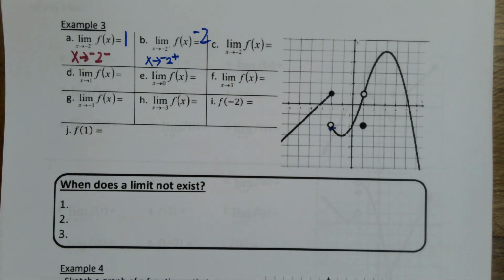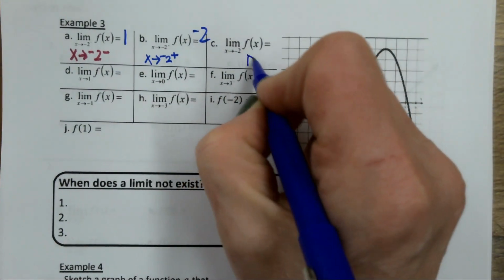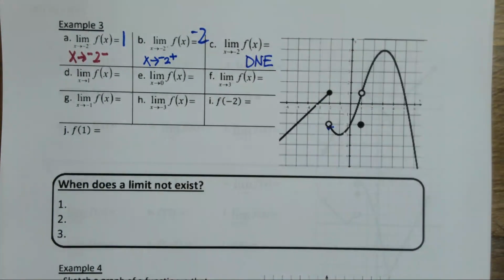Now, in order for a limit to exist, what has to happen is, on the left and on the right, they need to go to the same exact place. Is 1 the same as -2? No. And because they don't meet together, we say that the limit as x approaches -2 does not exist.